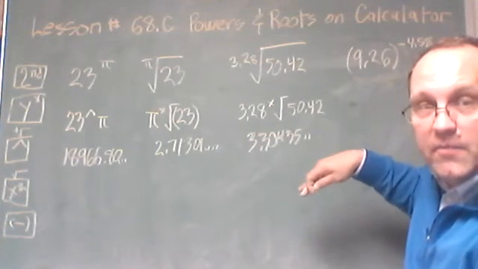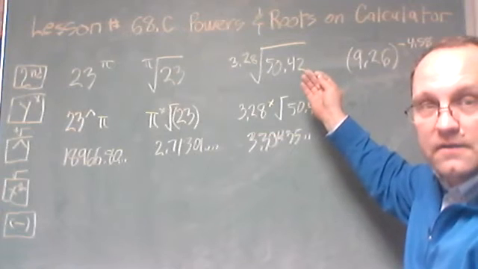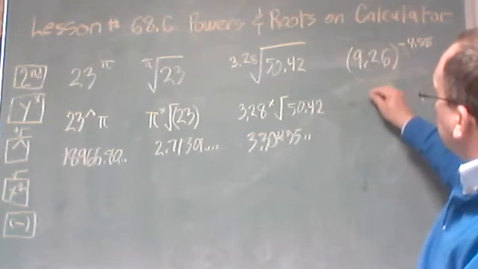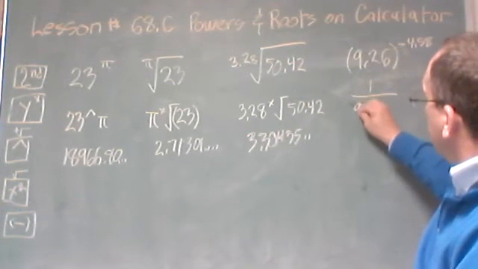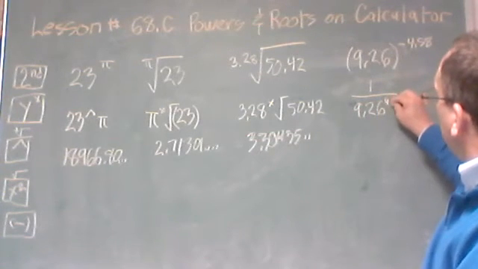Or if it's in the denominator, we can switch it to the numerator and change the sign of the power. Okay, in other words, we can express this number as 1 over 9.26 to the power of 4.58.